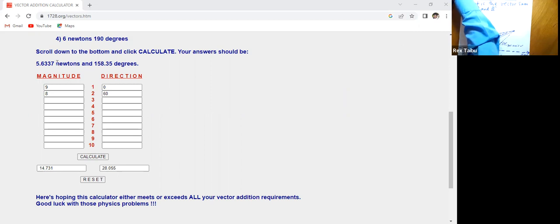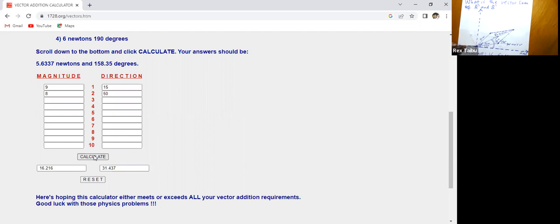Okay, these are the old values. So the new values are 9 centimeters at 15, and 8 centimeters at 50. And then I calculate again here. So I got 16.2 and 31.43. Not bad. Very close to what I found before.